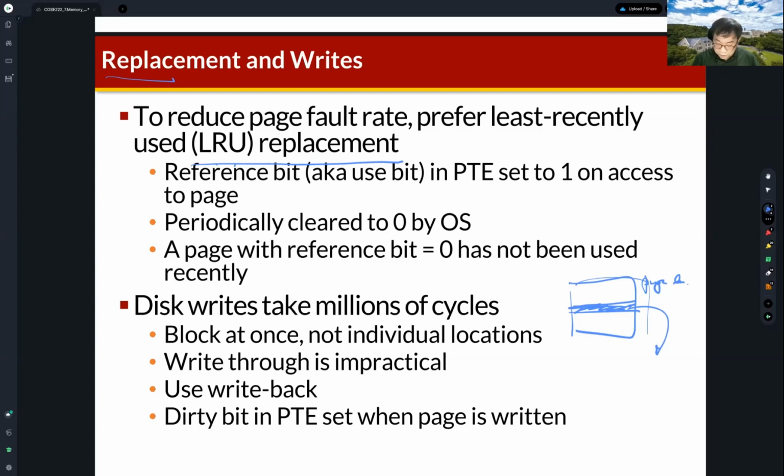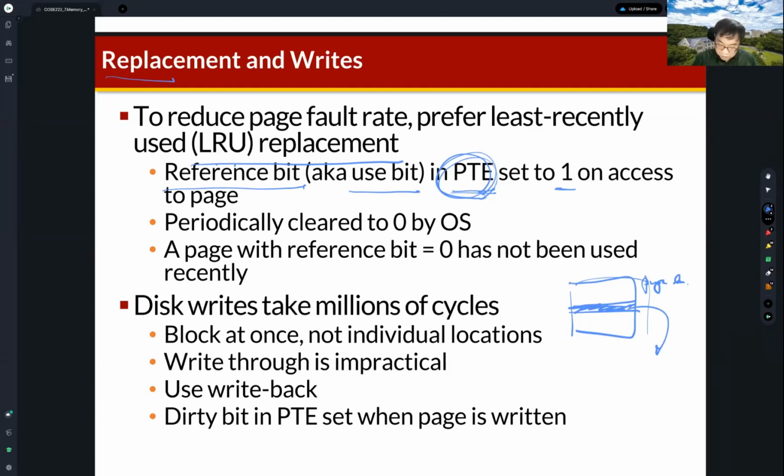In each page table entry, the operating system uses a reference bit. Actually, this reference bit is called the use bit. If a page is used, the reference bit of the corresponding PTE is set to 1, meaning the page table entry is accessed.